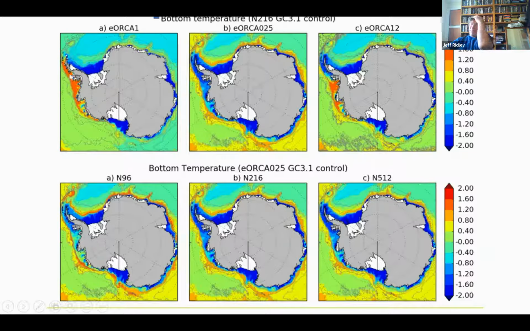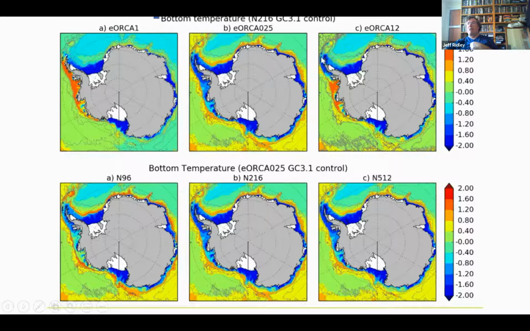So that looks fine, but when you get to the intermediate resolution, they're all cold ice shelves, and you can see why in the twelfth degree resolution, which is about 3 kilometers at the Antarctic coast. That water is being pulled round from the cold Weddell Sea.